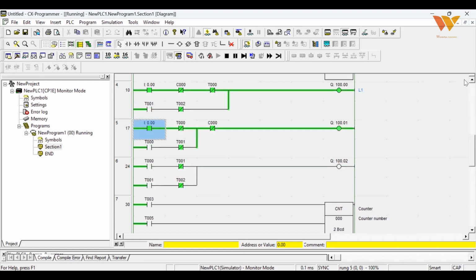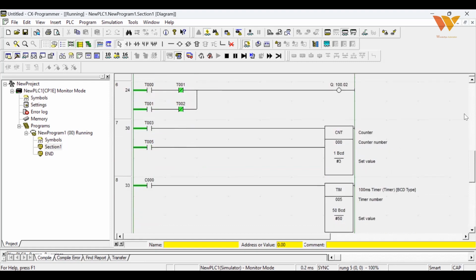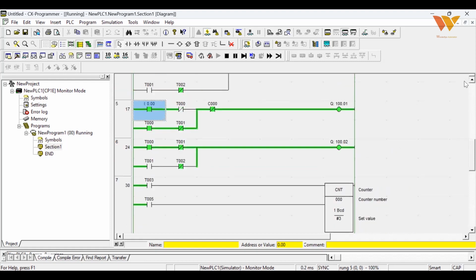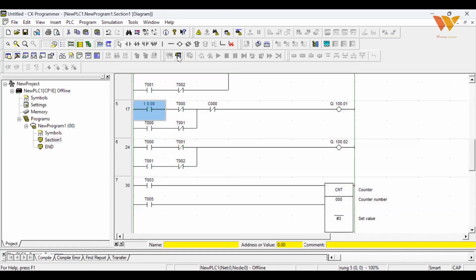Understood? Any confusion? Got it? Yes, ma'am, got it. Should I make the question so that, like for this one, or is it okay if it is like this only? No need of writing something, right? No need. Okay, fine. So this finishes timers and counters.